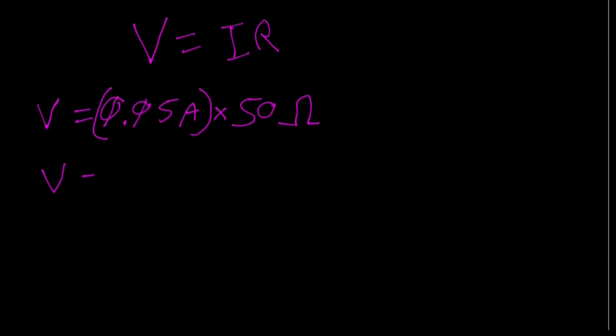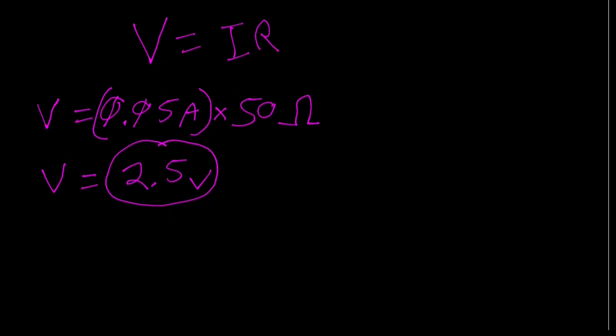And if we do our basic math correctly, we're going to come up with a value of 2.5 volts. So by knowing the current of 0.05 amps and a resistance value of 50 ohms, we determined that the voltage across that resistor is 2.5 volts.